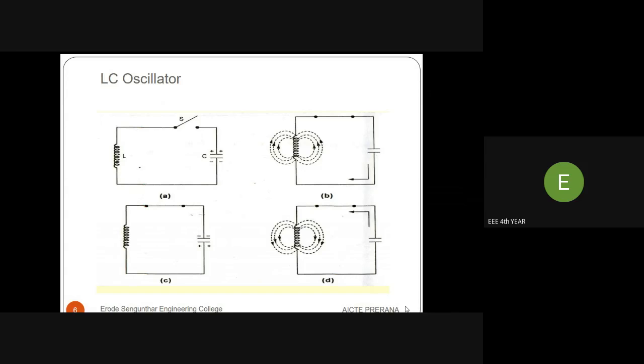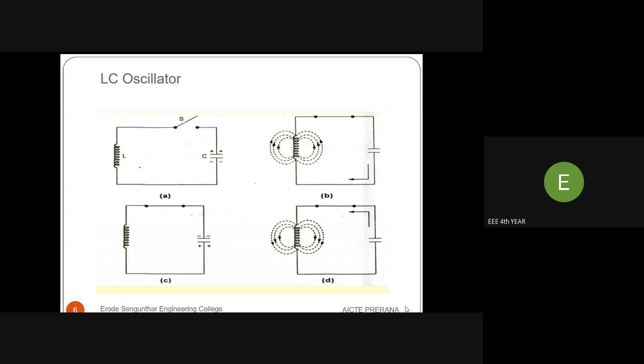After some time, the capacitor is fully charged in the opposite polarity of its initial polarity. Now the magnetic energy is converted back to electrostatic energy. Now the capacitor again discharges through the inductor in the opposite direction, that is, anti-clockwise. So the electrostatic energy is again converted into magnetic energy.